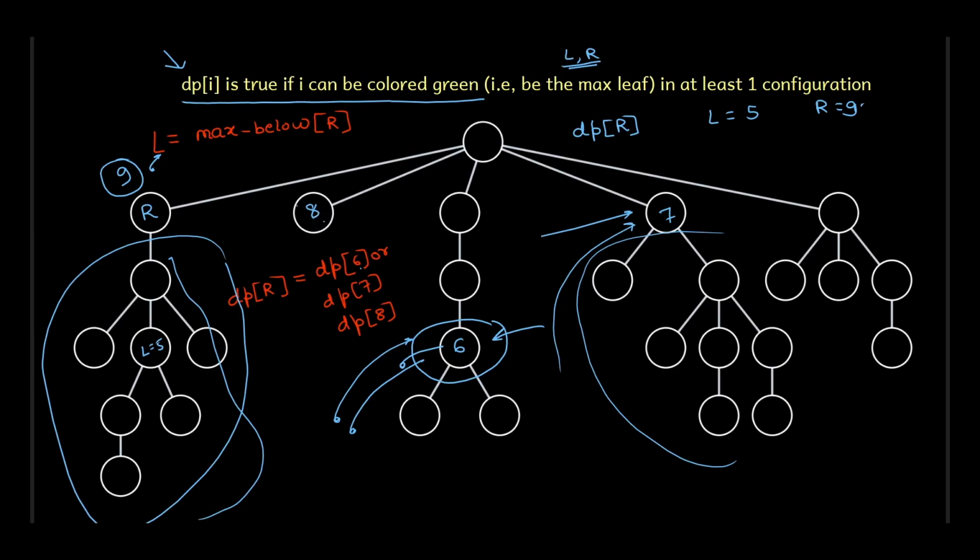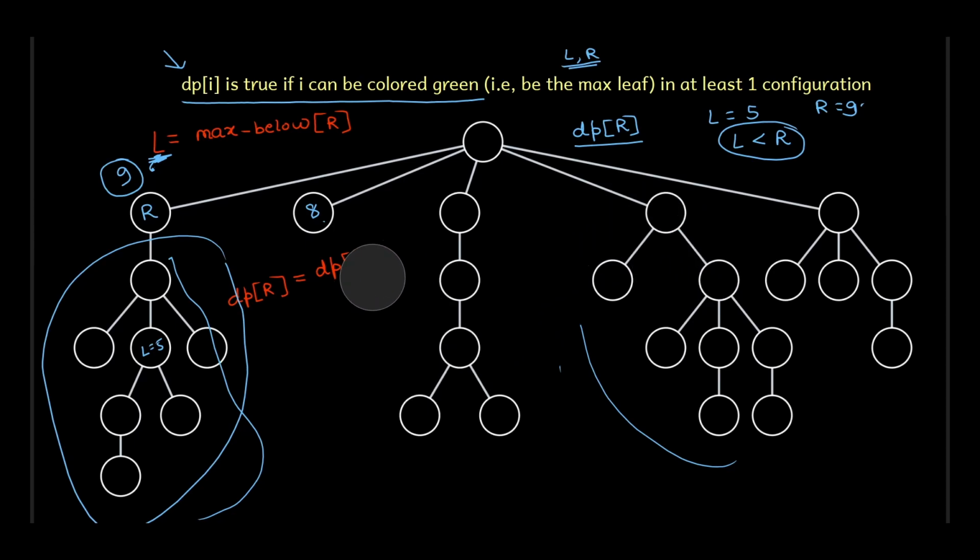Similarly with 8. So you can see that dp of R only depends upon dp of L, and L is of course strictly less than R. Even though these values could be scattered all around the tree, in different subtrees, this requires some sharp observation: if you populate your dp in a smart order, from left to right, then by the time you want to compute the dp value of, say, R equal to 25, you will have already computed the dp value of all of these smaller nodes.